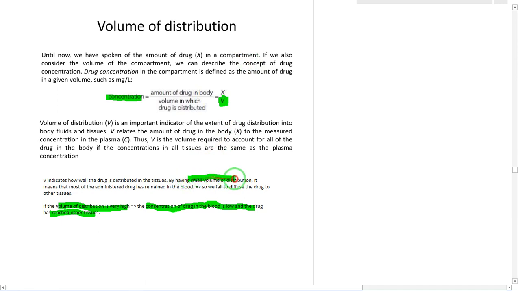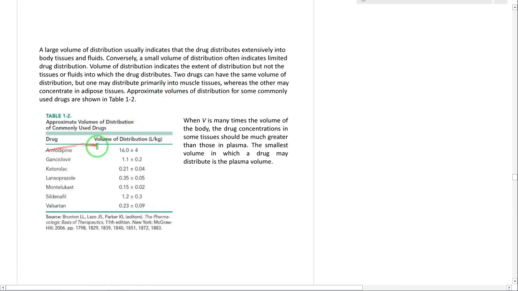So for a small volume of distribution, we can say that most of the drug that we have administered has remained in the blood, so we have failed to diffuse the drug in different tissues. Okay, for example, in this table you can see that for different drugs we have different volumes of distribution, which tells us how well they are going to be distributed.